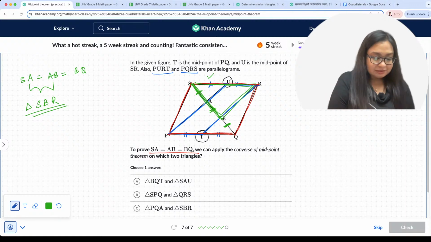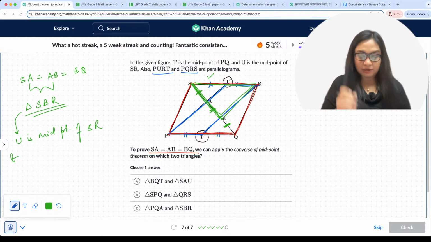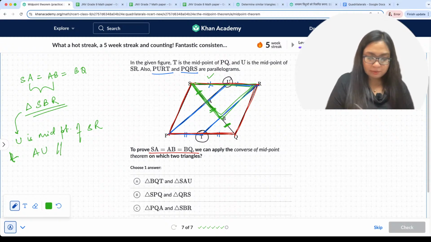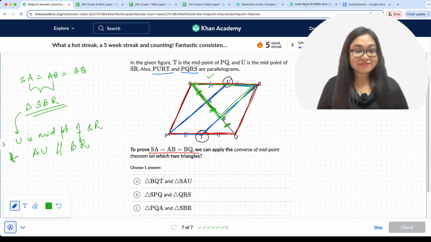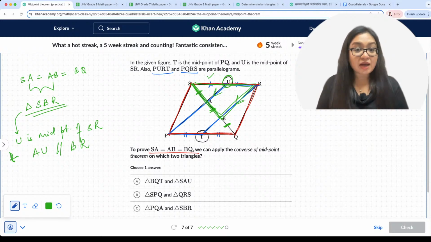Let me write it. यहाँ इस triangle में हम कह सकते हैं U is midpoint of SR. And since PURT is a parallelogram, PU or AU is parallel to BR, right? That means we have a line starting from midpoint of a side parallel to another side.